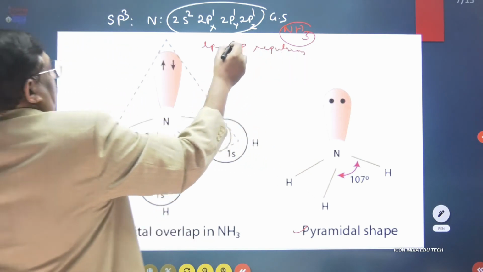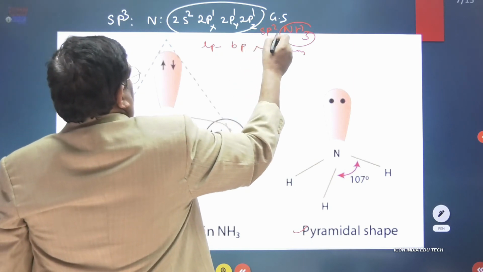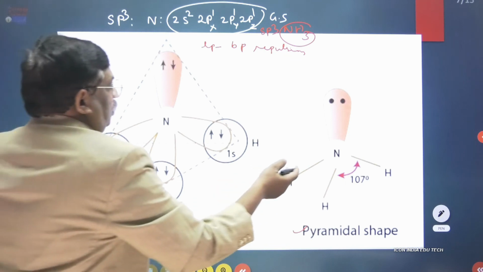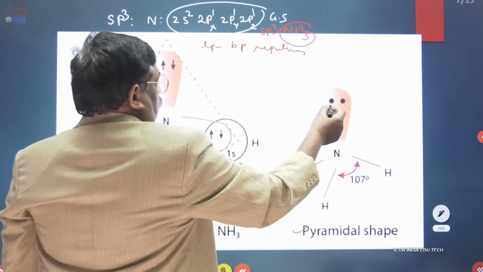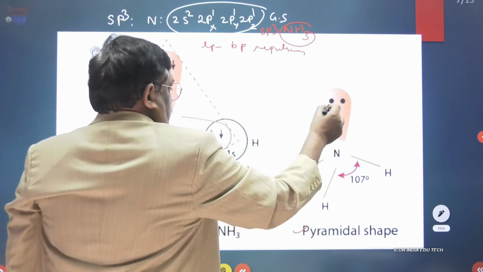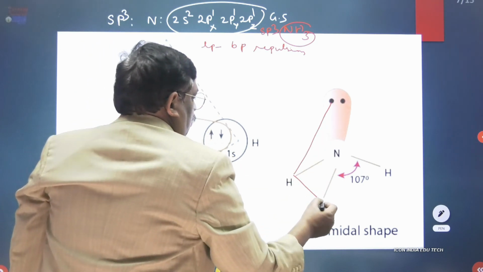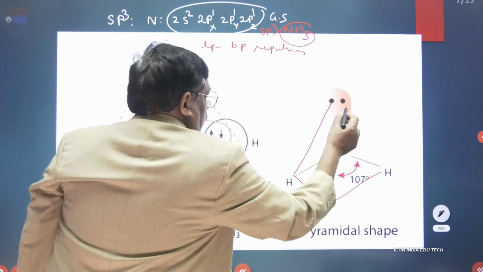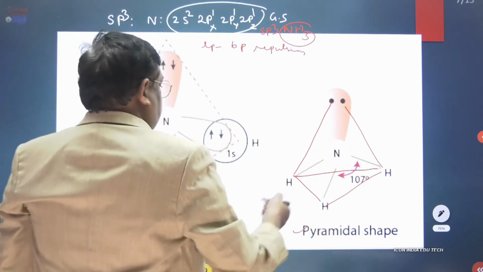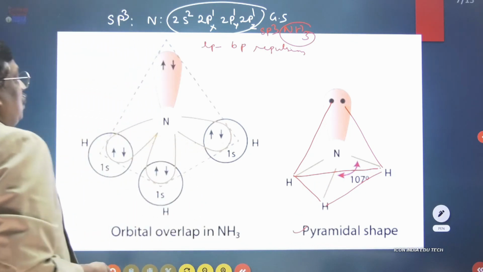Though it is sp3 hybridization, instead of tetrahedral, the geometry is pyramidal. Because of these lone pair repulsions, geometry changes from tetrahedral to pyramidal shape in the molecule. See, the base of the pyramid. Bond angle is 107 degrees, 18 minutes.